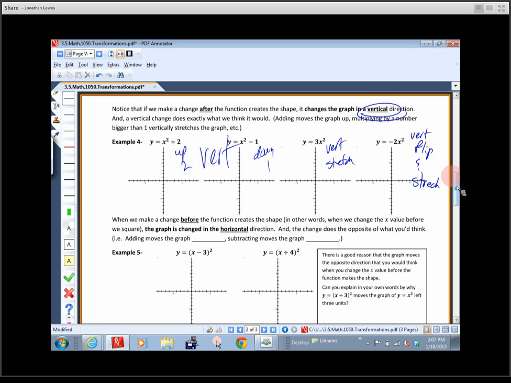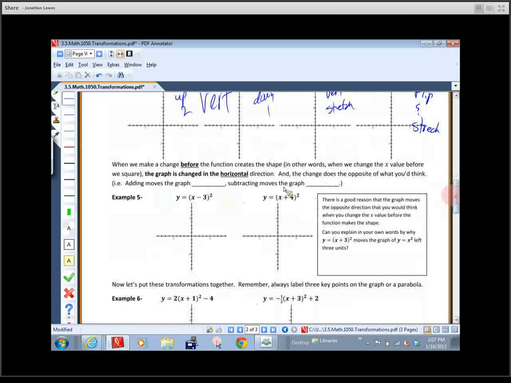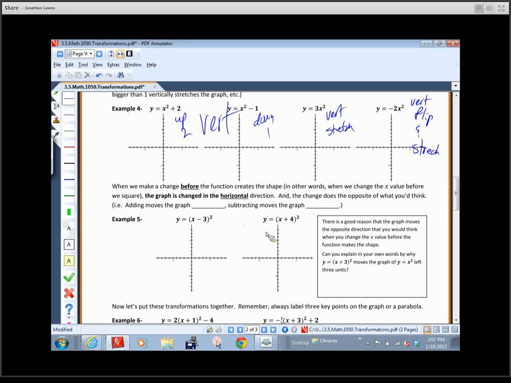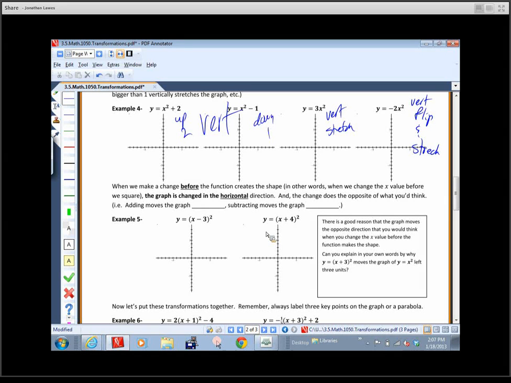It does exactly what you think it would. Now, this next part, these are different. The first thing we do on this one is we add or subtract something. That changes the x, so that's going to change it horizontally. So if you change it before the function makes the shape, before we square in this particular case, it's going to change it horizontally, and it does the opposite of what you'd think.